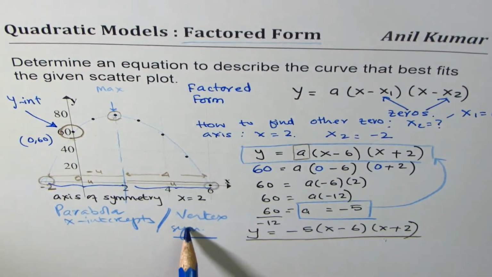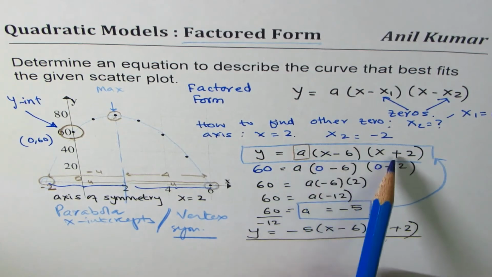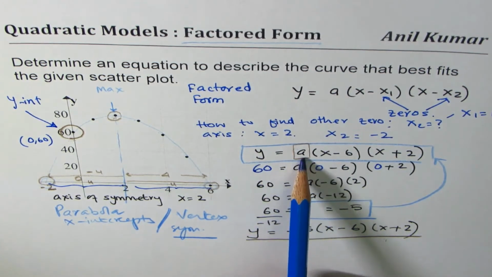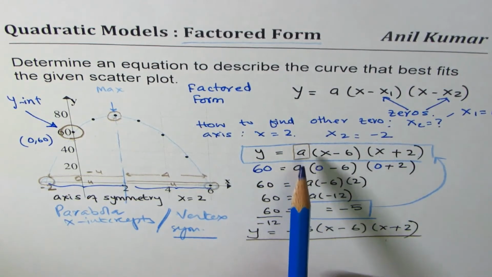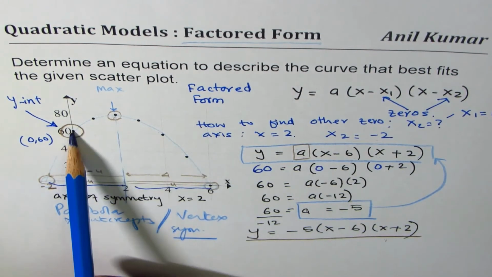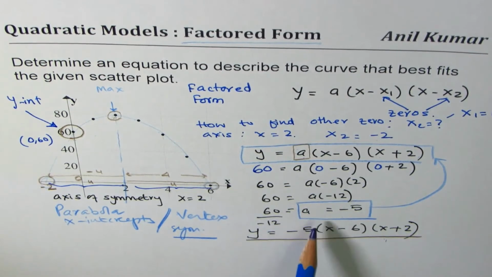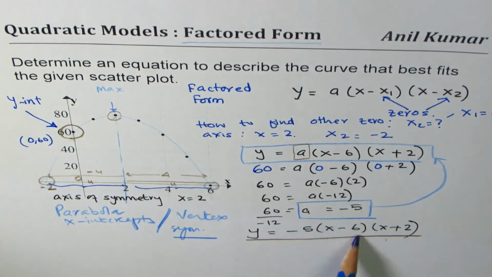Using this concept, we came up with the factored form as y equals a times (x minus 6) times (x plus 2). To find the specific value of a, we used the y-intercept (0, 60) and found a as minus 5, which gave us the equation y equals minus 5 times (x minus 6) times (x plus 2). So that is the answer for us: the quadratic model in factored form for the given scatter plot.